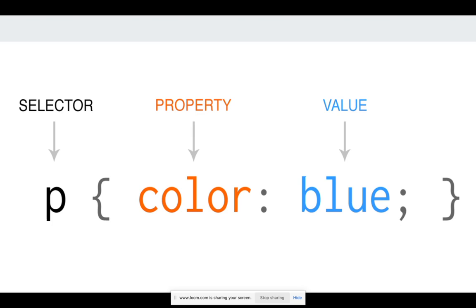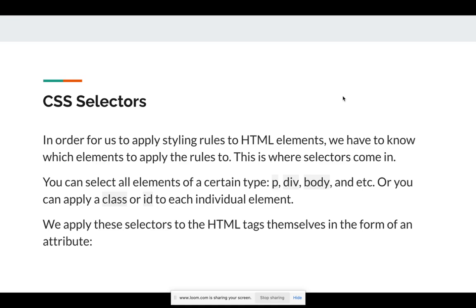There are so many things, and you get familiar with them over time, but this is just the template. This is how CSS is displayed, and every CSS has these three parts. There must be a selector, there must be a property, and there must be a value, right? So that's that.